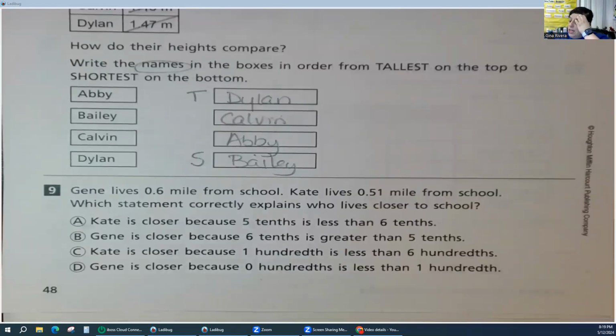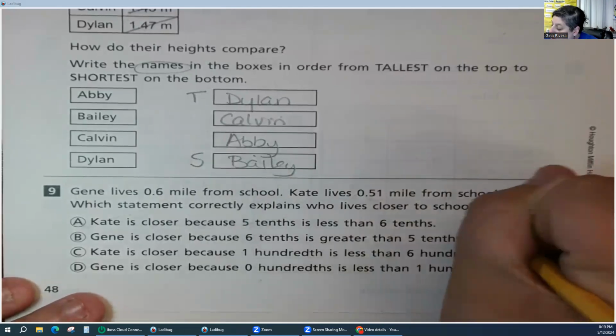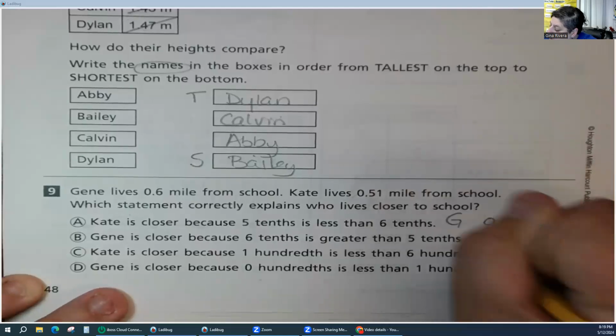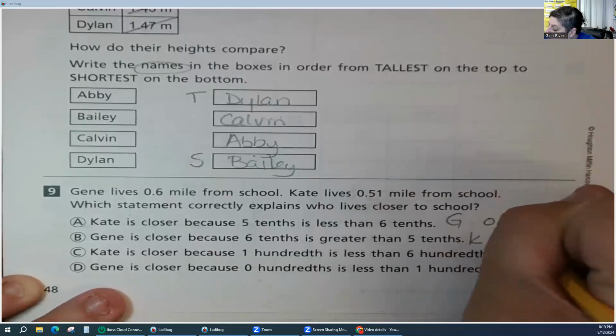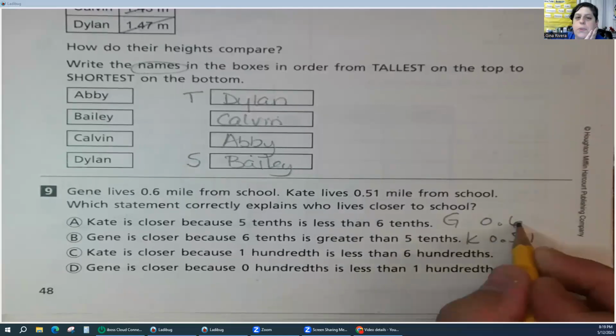Number 9, Jean. Almost, Gina. Almost. Jean lives 0.6 miles from school. Kate lives 0.51 miles from school. Which statement correctly explains who lived the closest? Now, 0.6 for Jean. Kate has 0.51. Now, the untrained eye might see that 51 is bigger than 6.